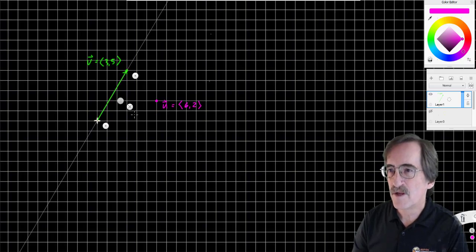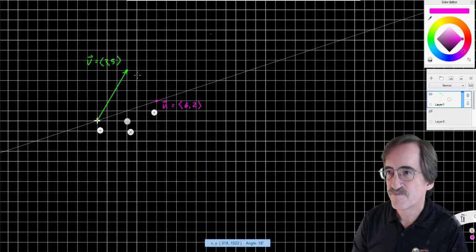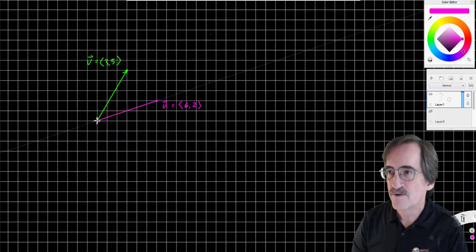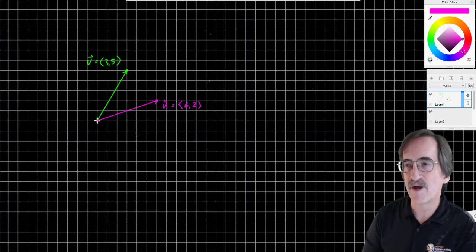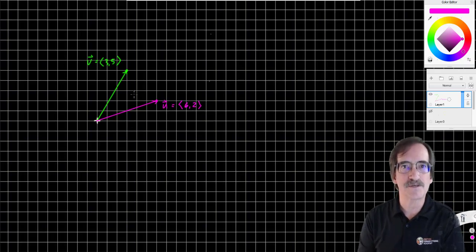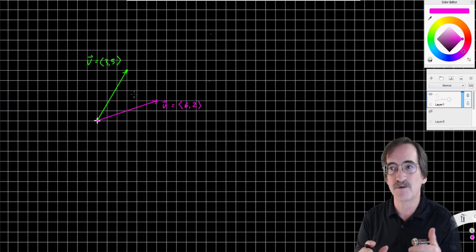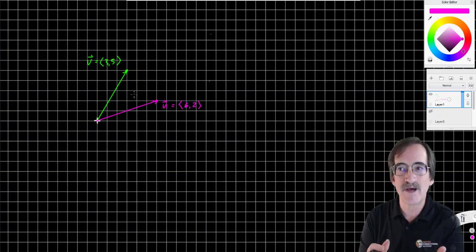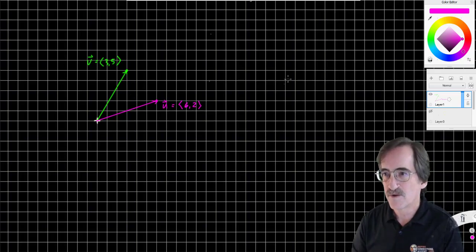Okay, we're going to add these vectors. Now there's two ways generally to think about the addition of the vectors. One is just thinking of taking a vector and moving it, because remember, it doesn't matter where it starts. And you can add a vector by stacking them head to tail.